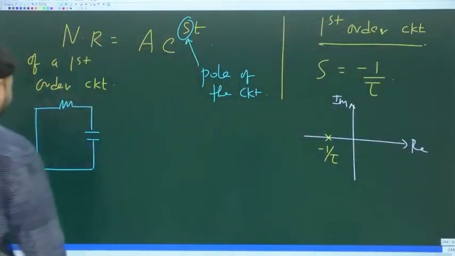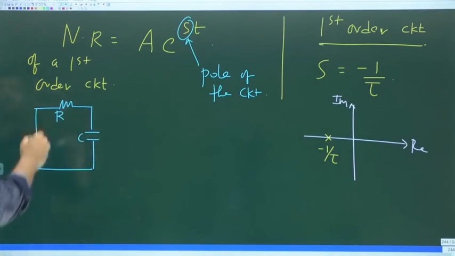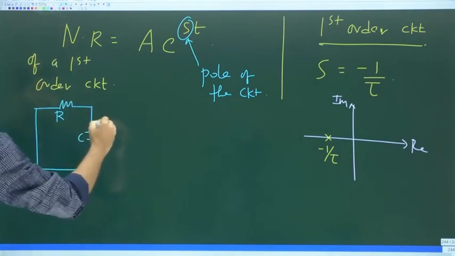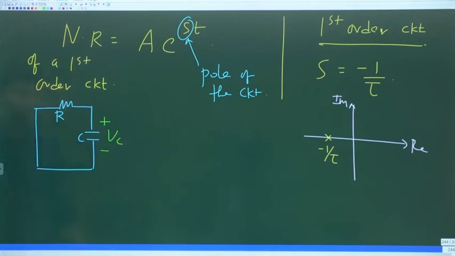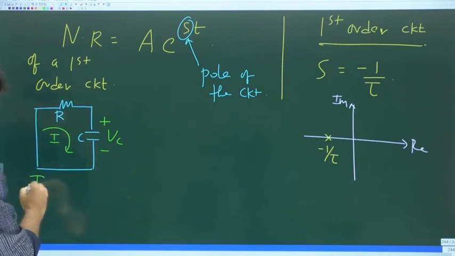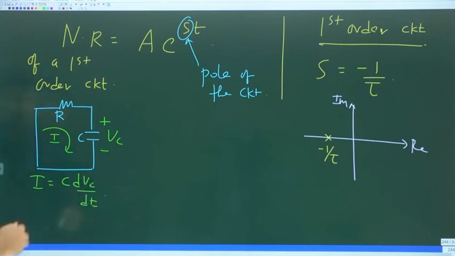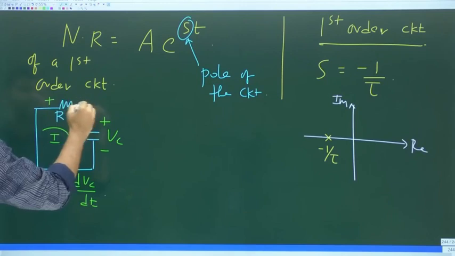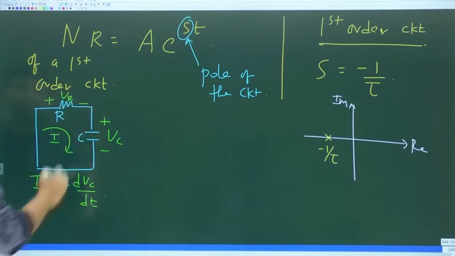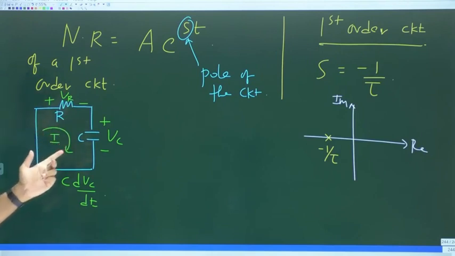When I make that source 0, let this be R, let this be C. Let Vc be the voltage across the cap. Let this current be I. I is C dVc by dt. Let this be VR, the drop across the resistor.